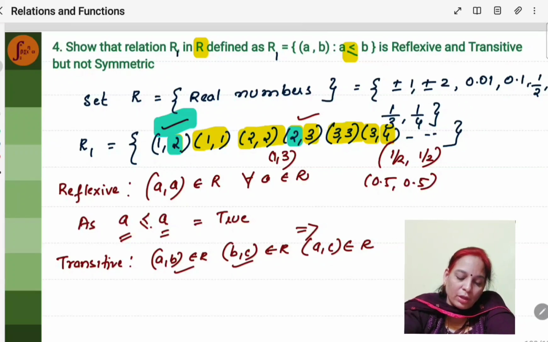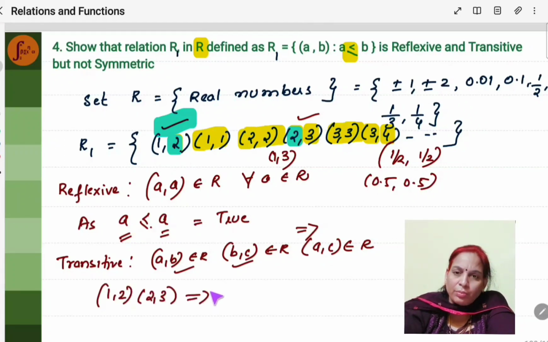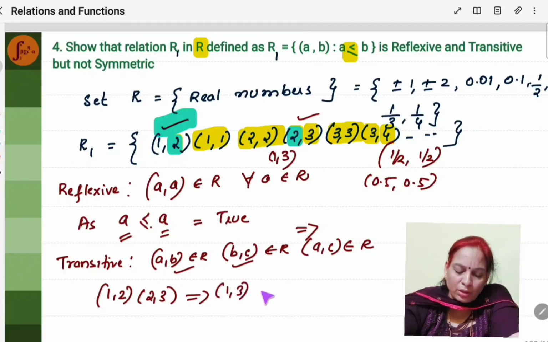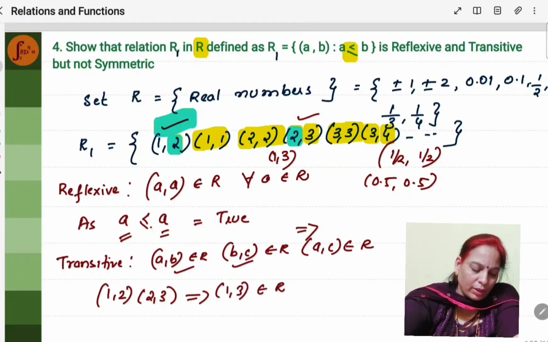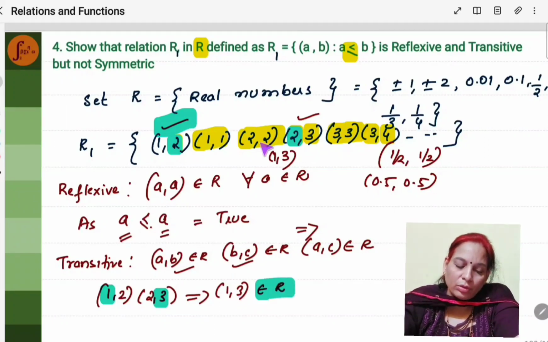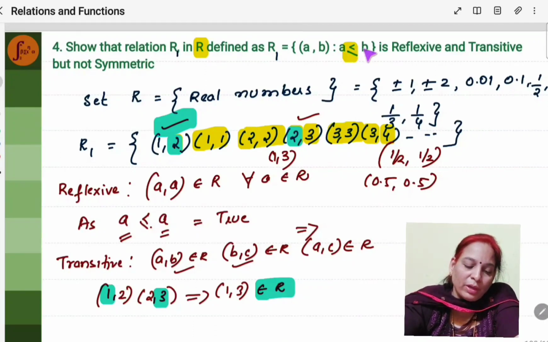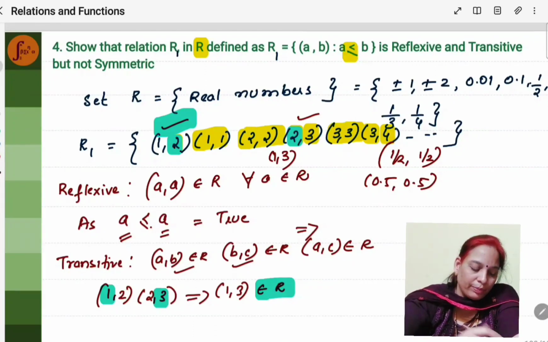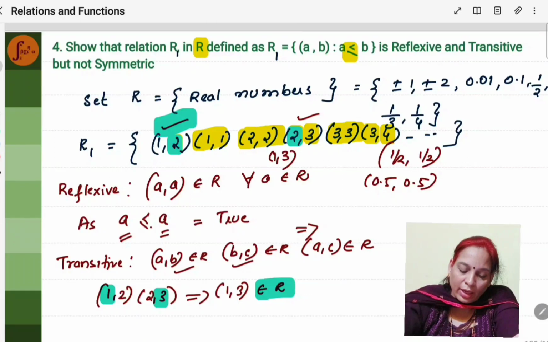If I have 1 comma 2 and 2 comma 3, this implies that 1 comma 3 should belong to R. So 1 comma 3 belongs to R, because by the condition A less than or equal to B, if I take A as 1 and B as 3, the condition is satisfied: 1 is less than 3.